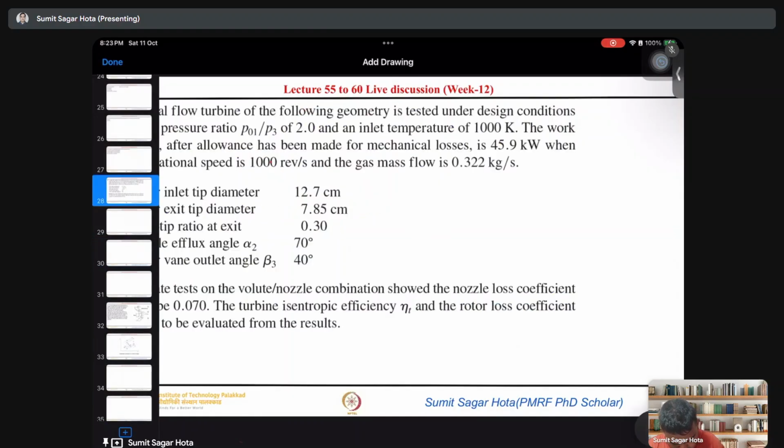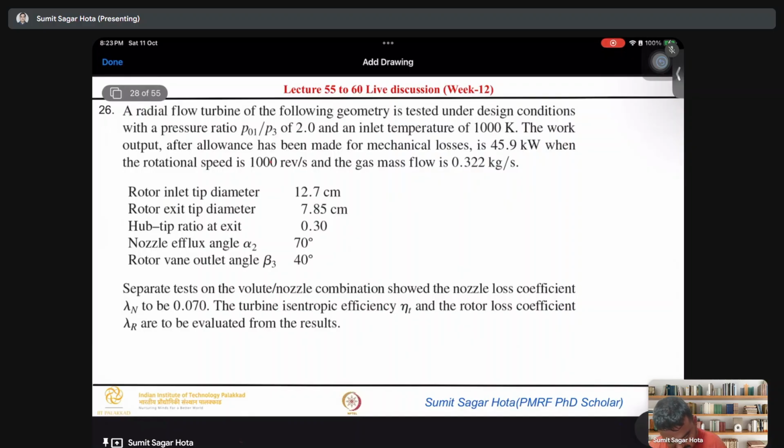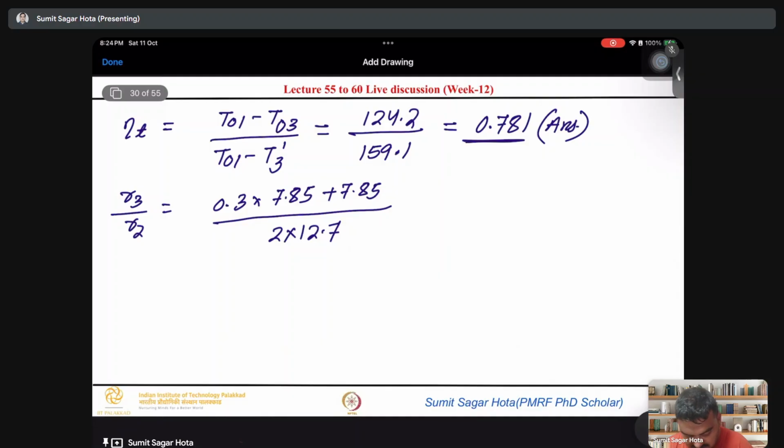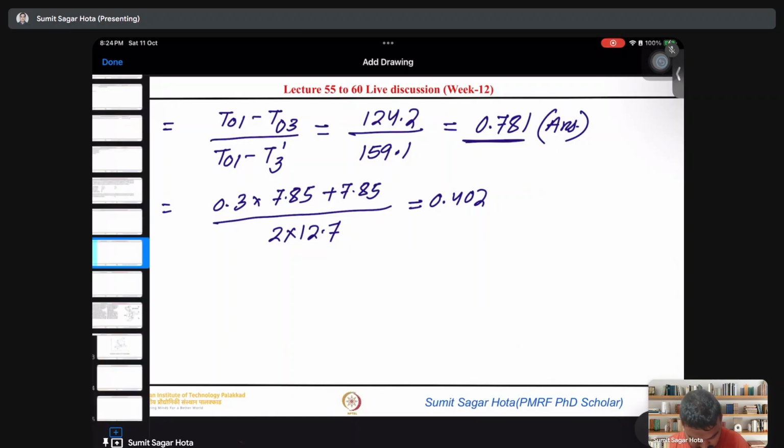Okay, all these values are given: 7.85 is the rotor exit tip diameter given. Okay, your rotor inlet tip diameter also given. Okay, and 0.3 is a hub tip ratio at the exit. Okay, all things are given to find out the ratio of R3 by R2. So if you solve it, you will get the value as 0.402.